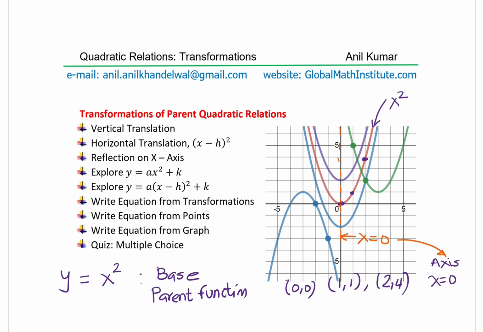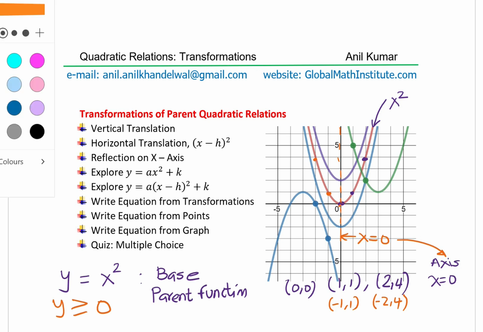It really means that there is a point which is reflected, and you get a point as minus 1, 1. And the other point which we'll normally consider is minus 2, 4. Clearly, the output is positive. The y value is always greater than or equal to 0. The square of a number is always positive. So that is all about the parent function which we should know about before getting into the transformations.